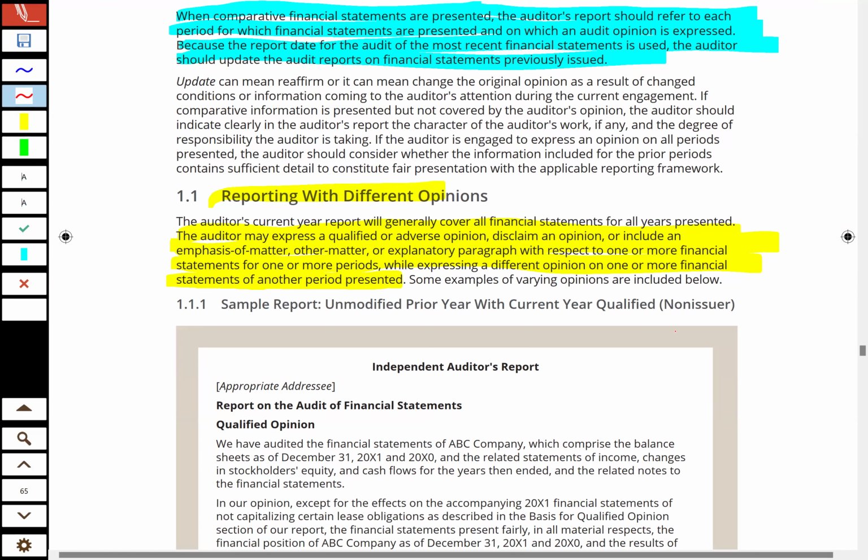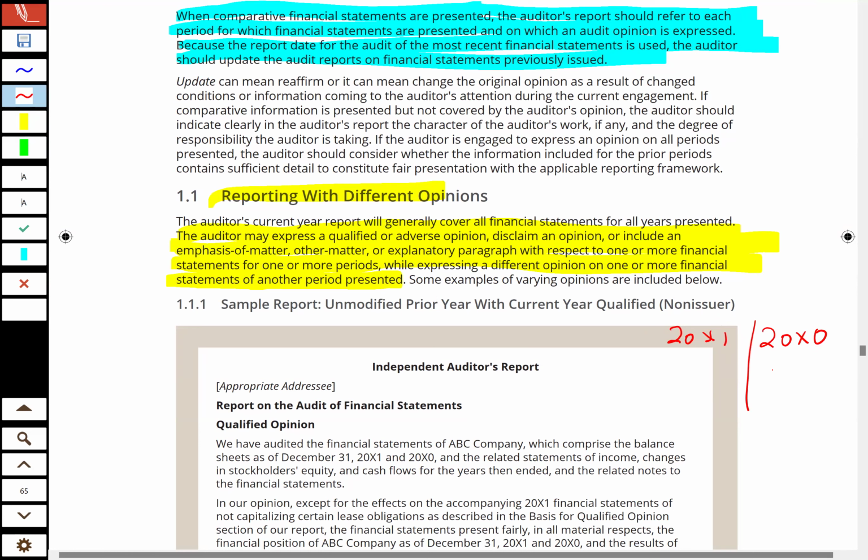Okay, so what happens? Let's say 20X1 is shown in comparison to 20X0.